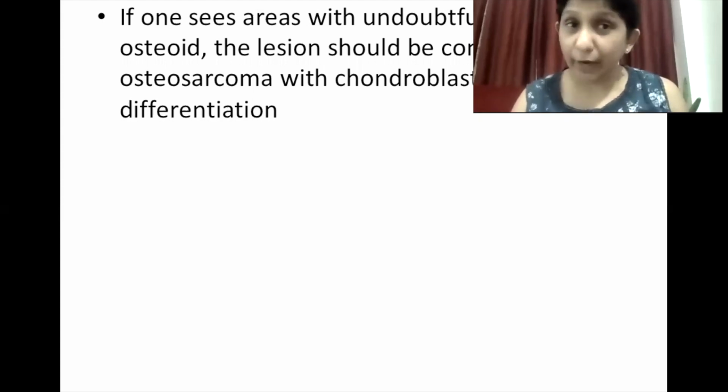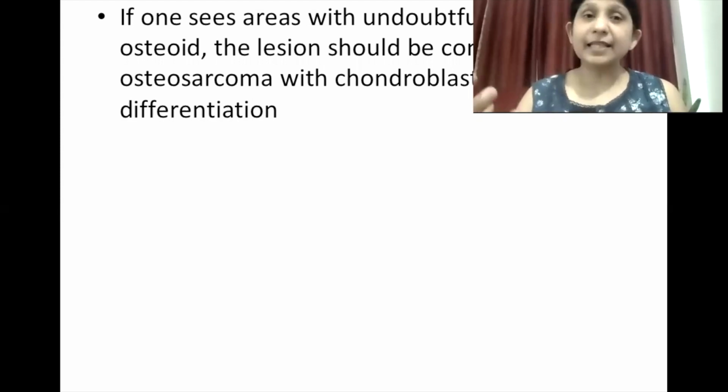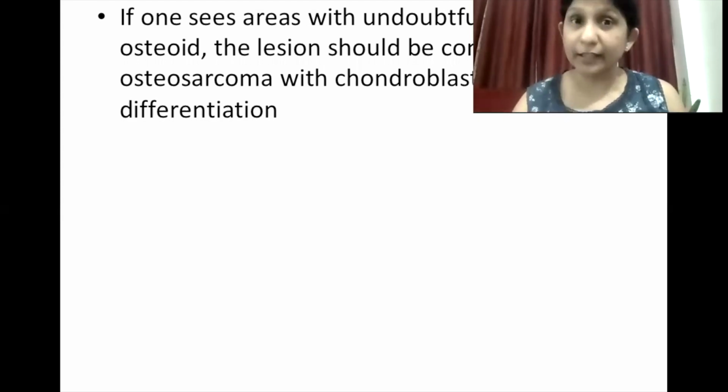If you find neoplastic osteoid in a lesion, that lesion should be considered as an osteosarcoma with chondroblastic differentiation. Let me rephrase it like this. I'm able to see a lot of chondroblasts and a lot of cartilage, but at one point I can see osteoid which is neoplastic.